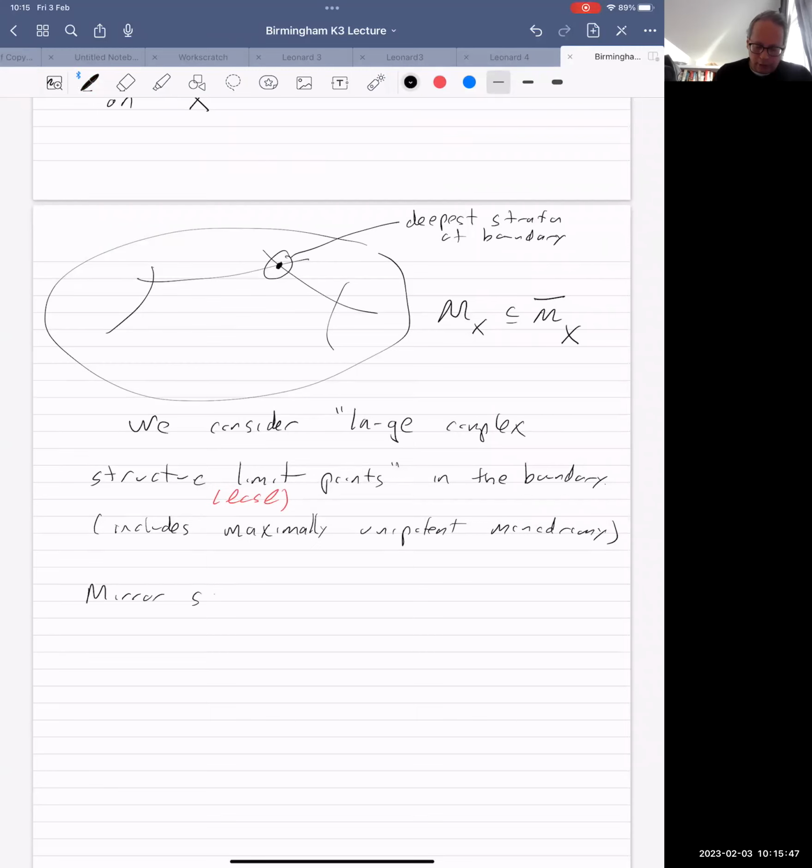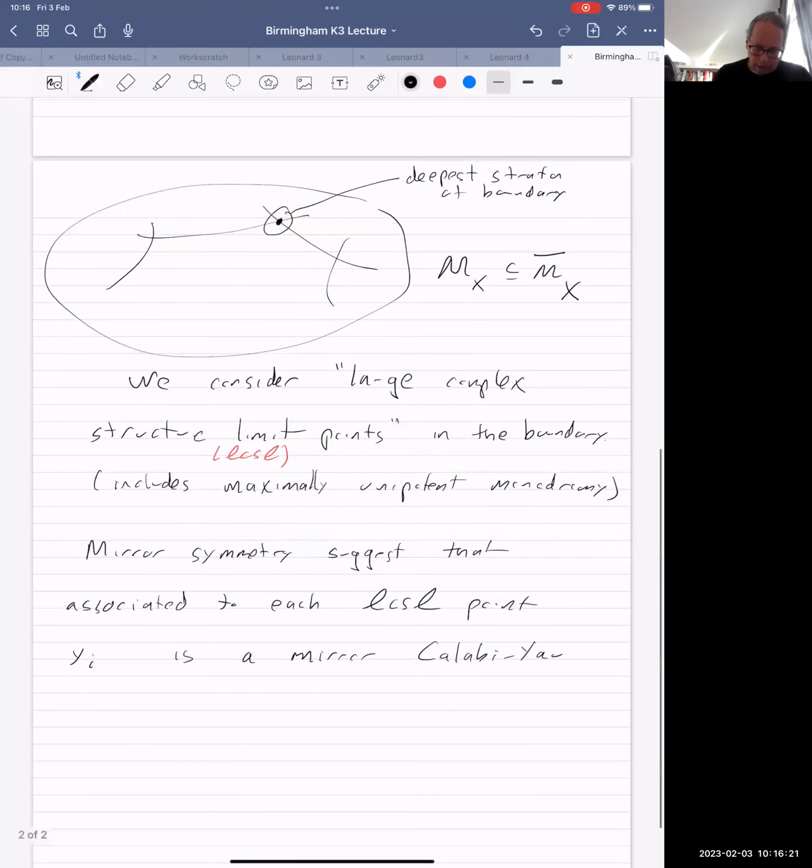Mirror symmetry suggests that associated to each large complex structure limit point, let me say y_i, we might have a whole bunch of large complex structure limit points, is a mirror Calabi-Yau, which I'll call Y_i, with Kähler cone K_{Y_i} containing H^2(Y_i, R). That's the cone of all classes of Kähler metrics.